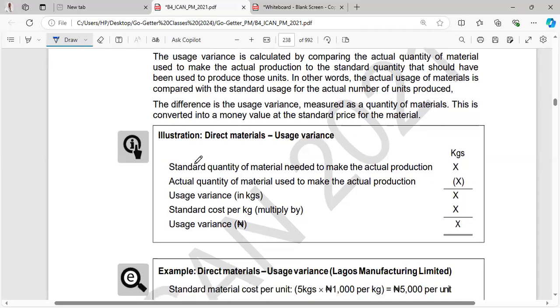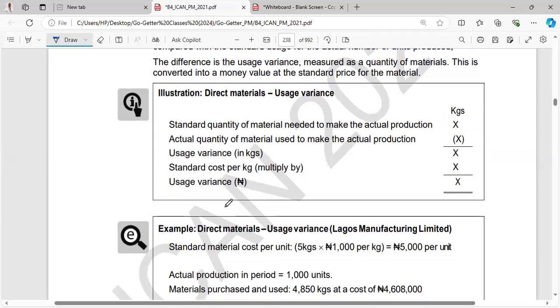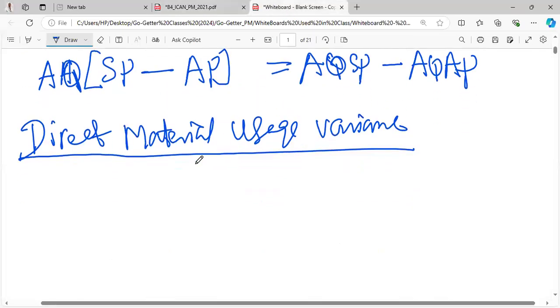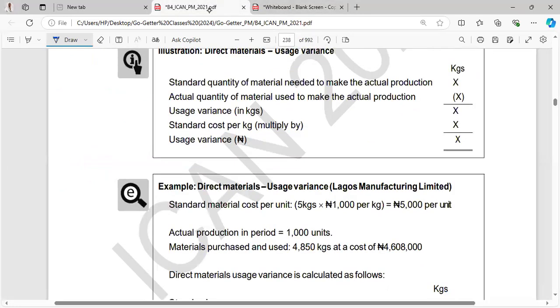So let's look at it now. Standard quantity of material needed to make actual production. Actual quantity of material used to make actual production. Then the usage variance, they will multiply by the standard price. Now let me bring it down and break it down for you here. So it means that if there is a usage variance, the price is not in contention. And what price was used here?